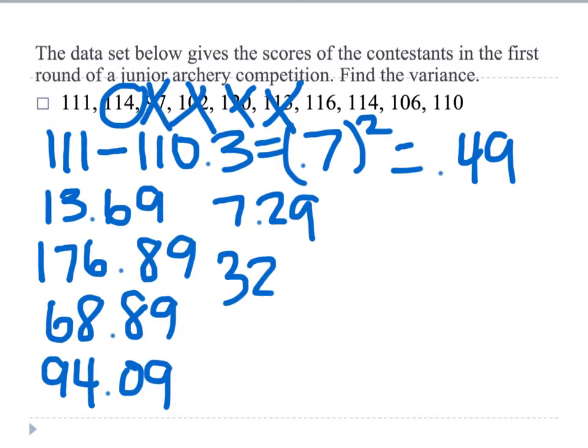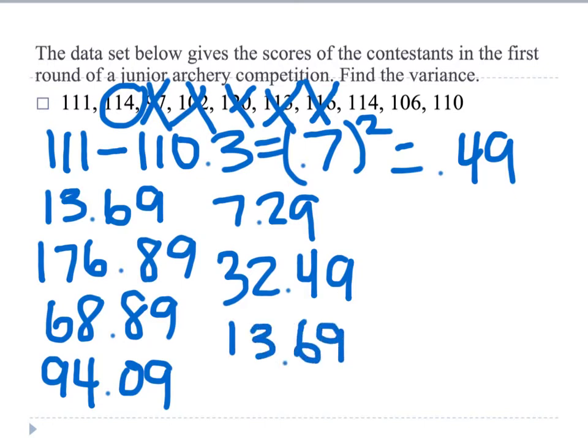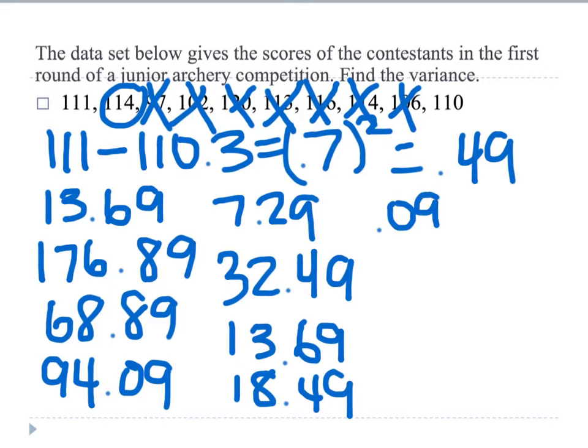And then 32.49 when we do 116 minus 110 squared. And then 13.69 with 114, 18.49 with 106, and then 0.09 with 110. 0.3 squared is 0.09.